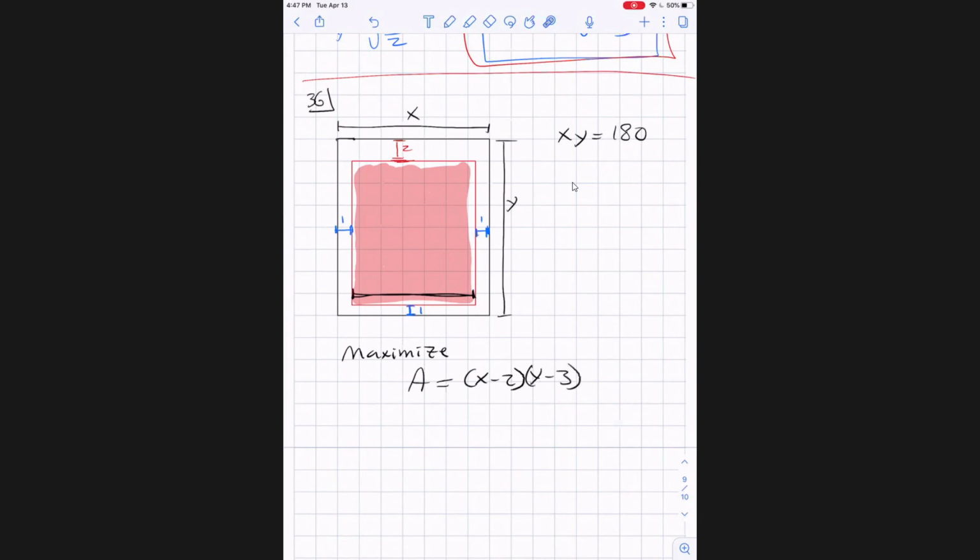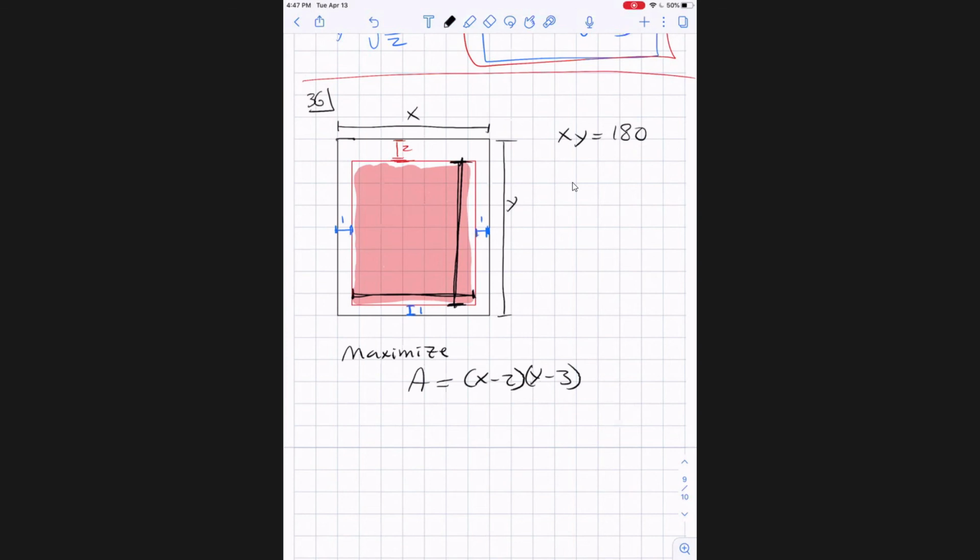Because on the height, you're getting rid of 2 inches on the top and 1 inch on the bottom, so this distance on the red is just Y minus 3. So that's what you're trying to maximize. So let's go ahead and rewrite this in terms of one variable. Does that make sense?